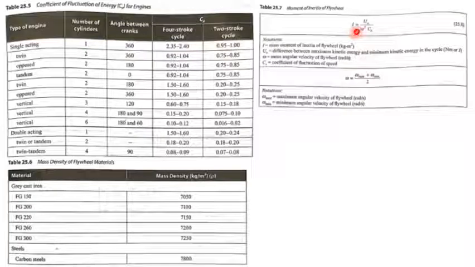So once we find U naught, we can find the value of I which is desirable for the particular application, and here omega is nothing but the mean angular velocity of the flywheel.